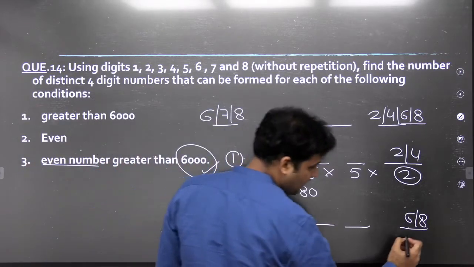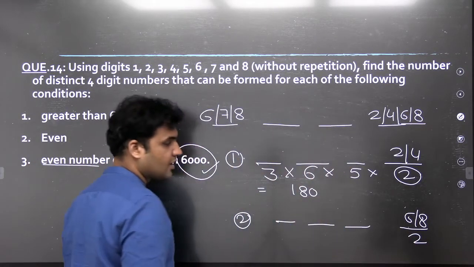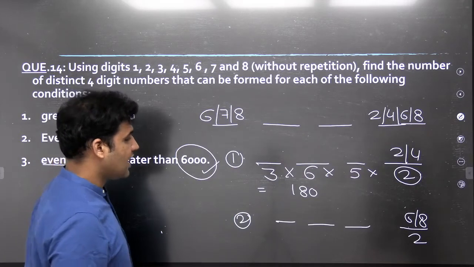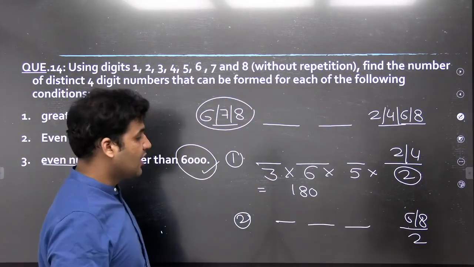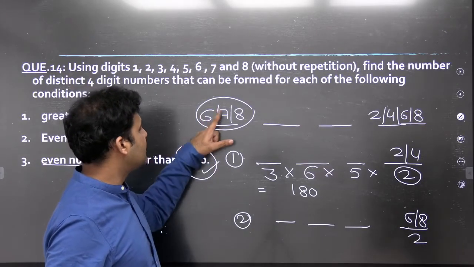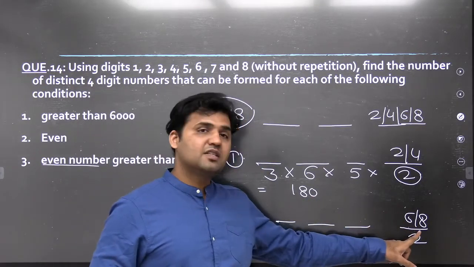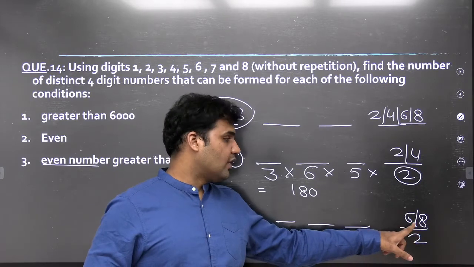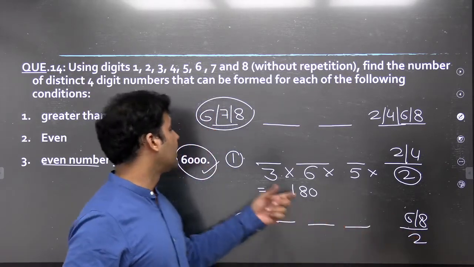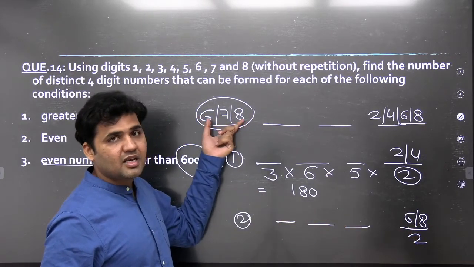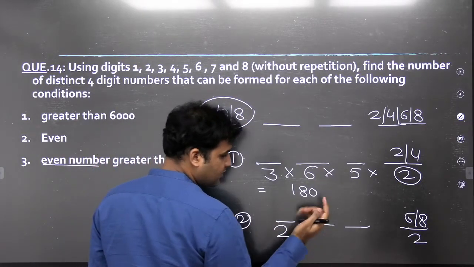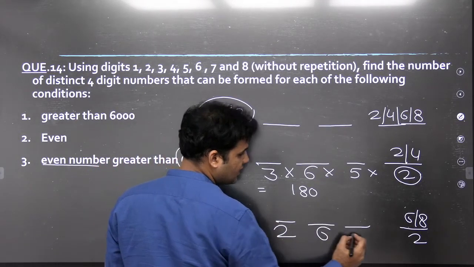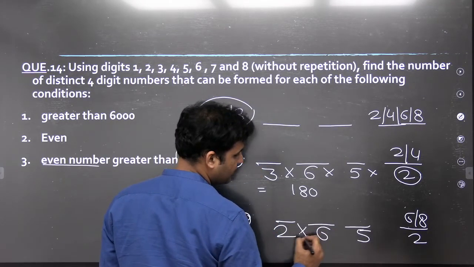That means this place can be filled in 2 ways now, right? But the problem is I also have to place 6, 7 or 8 at this position. Now I know that out of 6 and 8, one of the digits is definitely over here. If one of the digits is definitely over here, out of these 3 digits, I will be left with 2 more digits. So this place can be filled in 2 ways. This place can be filled in then 6 ways, and this place can be filled in now 5 ways. Right?